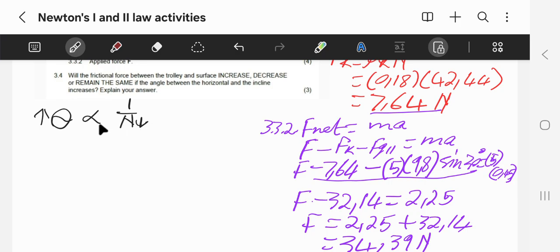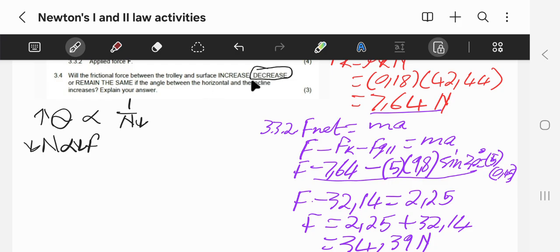That's the first thing that we'll say, that increasing our angle will decrease the normal force, and therefore we will look at the relationship between the normal force and friction. We know that the normal force is directly proportional to friction. So if the normal force now decreases, that means the frictional force will also decrease. Thus our answer will have to be decrease.